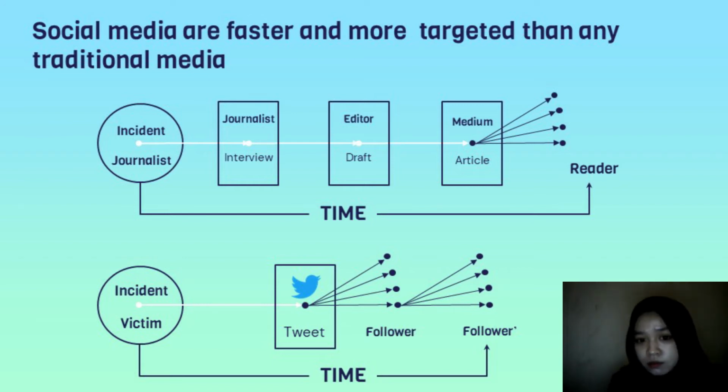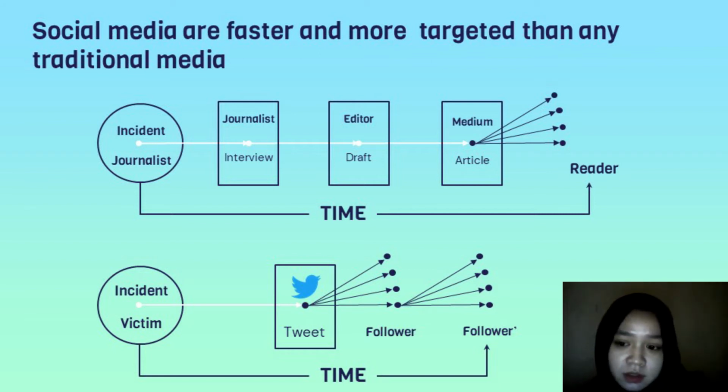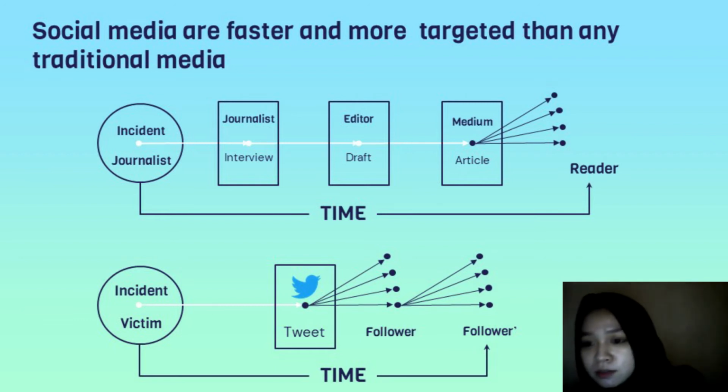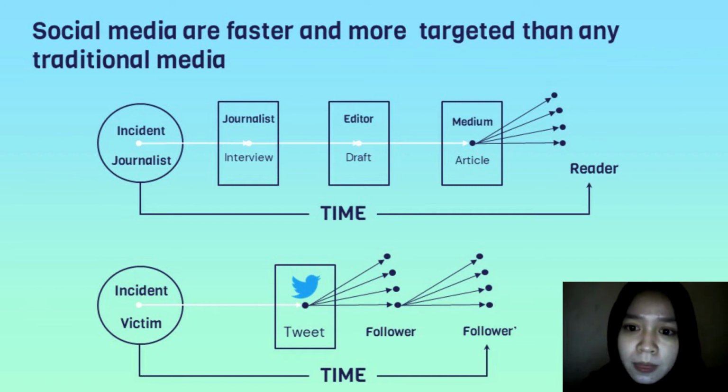So, in traditional media, when an incident happened and there was a journalist at that time, at that place, the journalist could interview people about the incident and write a story, but the journalist cannot publish it just at that time.